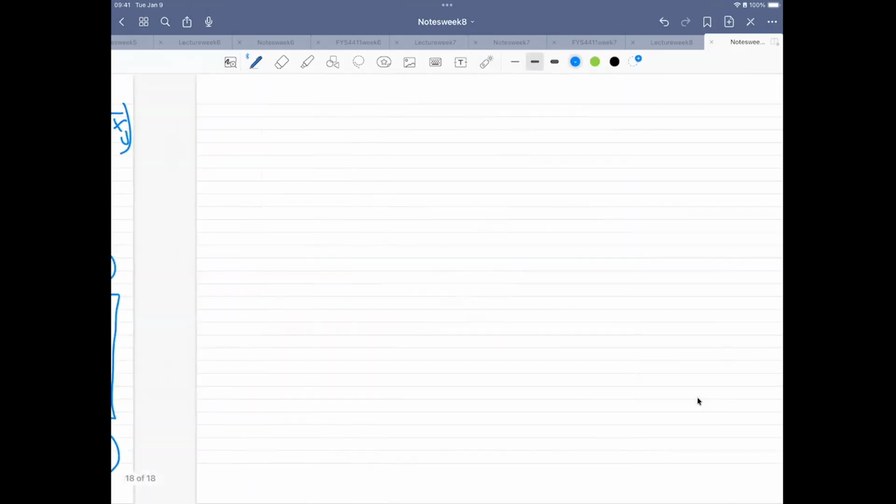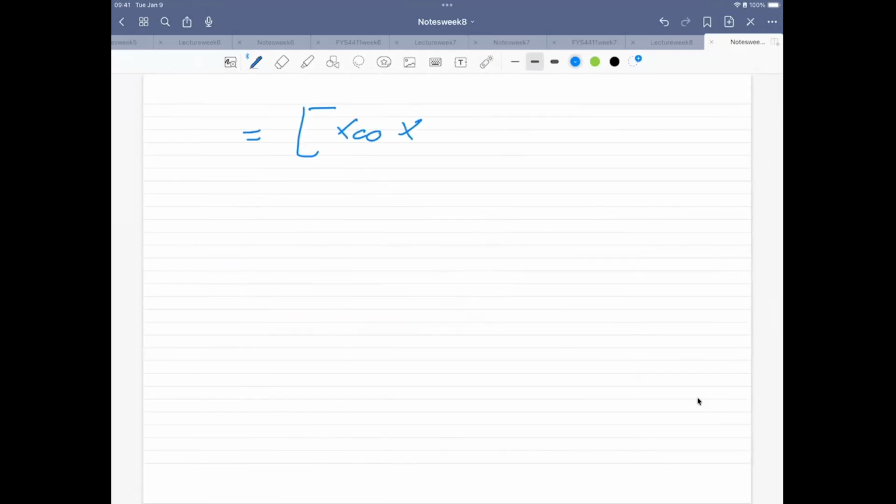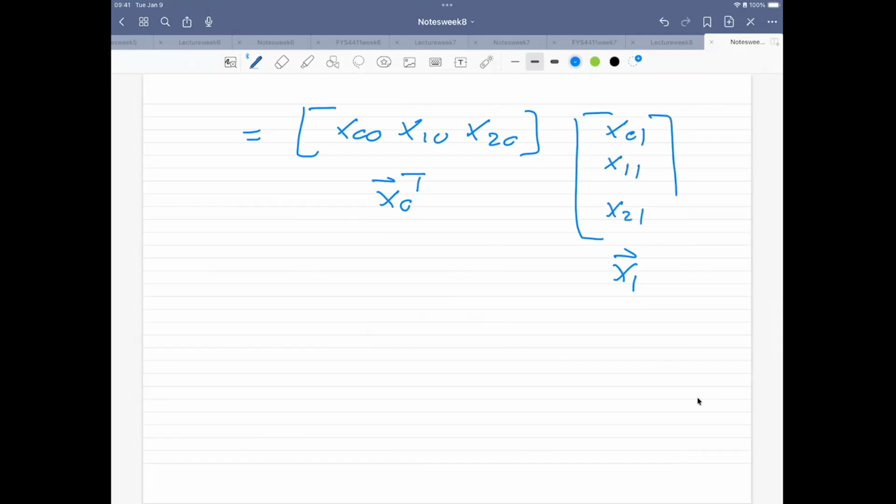So this expression here is the same as x00, x10, x20, so this is just x0 transpose, multiplied with x1, I'm just putting vector signs here, x01, x11, and x21. So we can actually rewrite this covariance for this specific example of x0, x1. This is actually given by x0 transpose times x1 divided by 3.